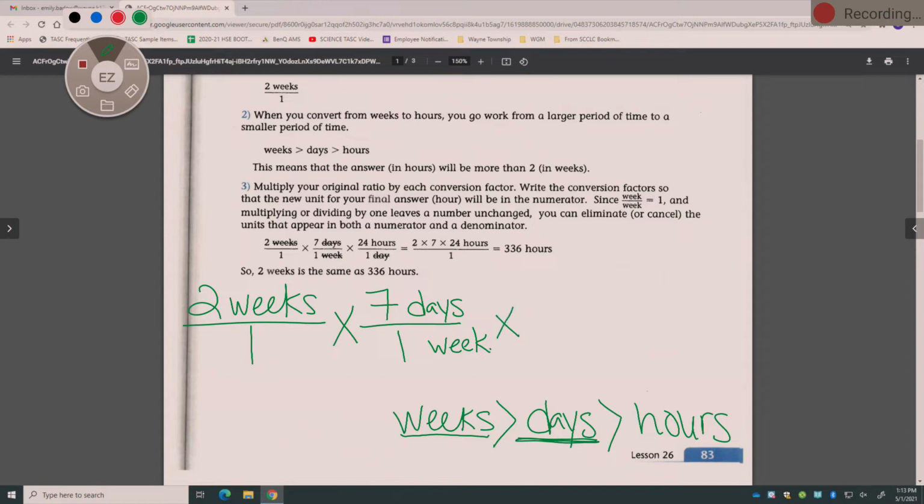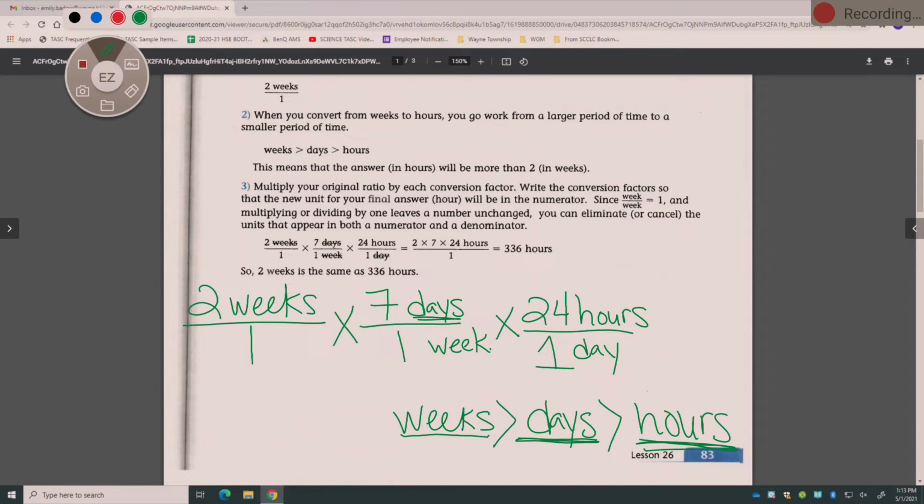Then I go 1 more, and this time I put days down in my denominator, and I put my next unit up in my numerator. And I know in 1 day, there are 24 hours.